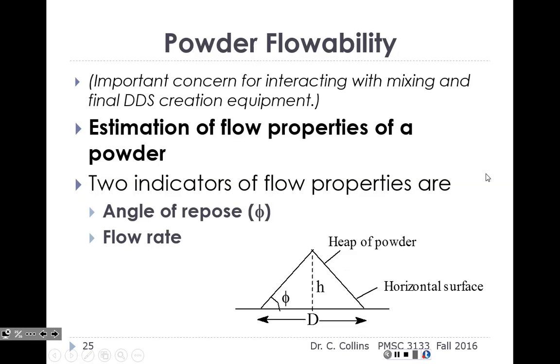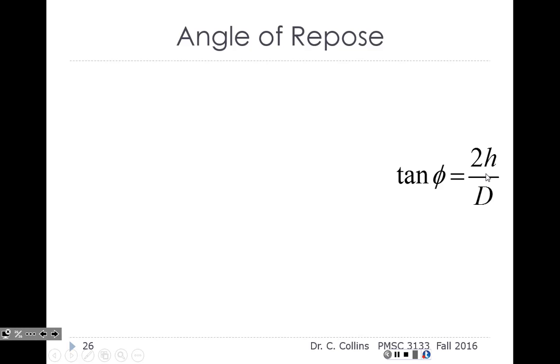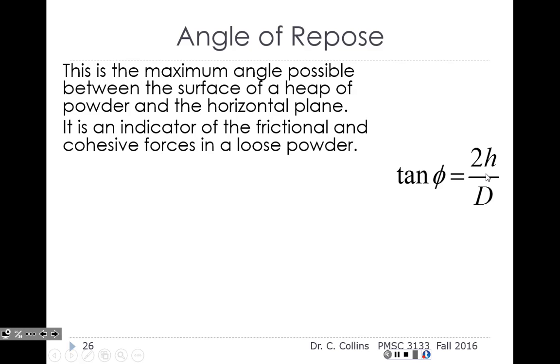All right, so there are good angles of repose and there are not so good angles of repose. It's an indicator of frictional and cohesive forces in the powder. So how the particles interact with each other creates that cone.